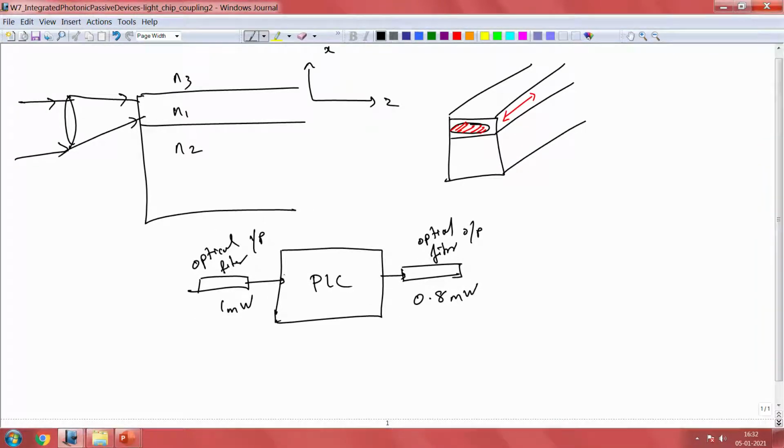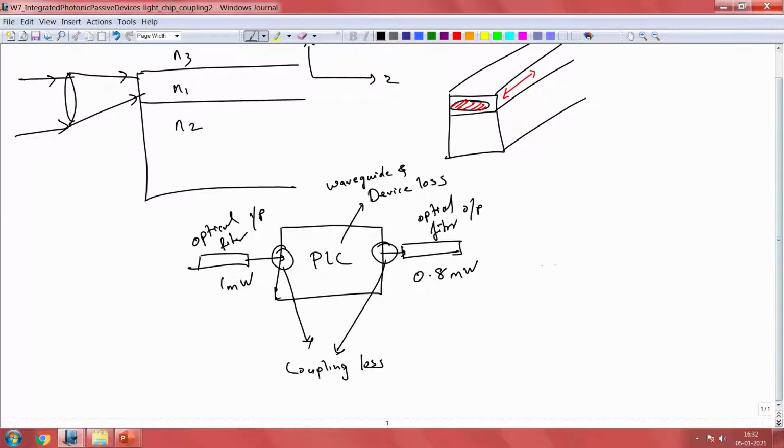One is these 2 losses, what we call coupling losses. And then we could also have what is called waveguide and device losses, right.